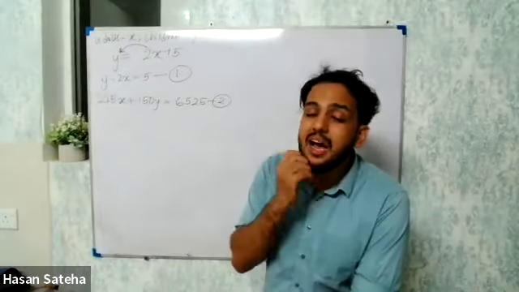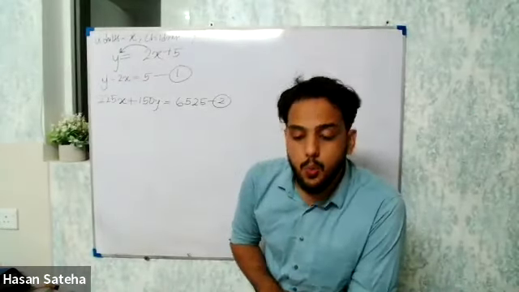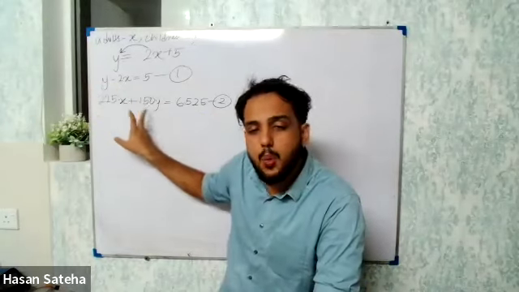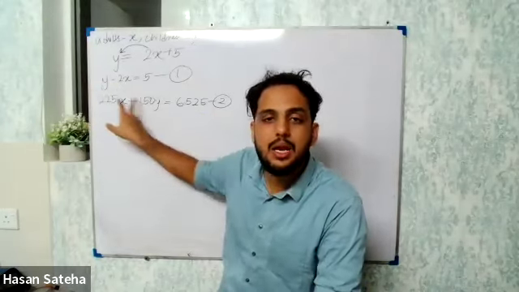Now, to get rid of one unknown term, for example, let's say you decide to remove y here. If you are going to remove y here, then this y also should be equal to 150. So what do you do? You multiply the first equation by 150, right?